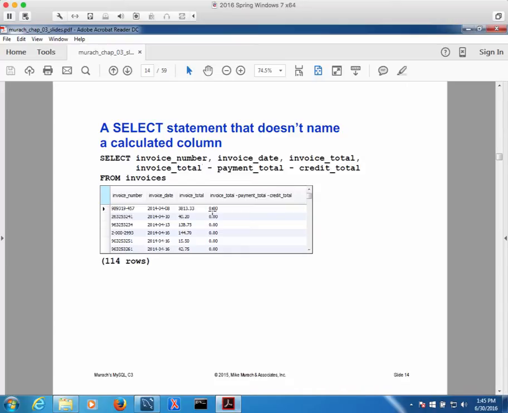So if you don't use an as on a calculation, you're going to see the formula in the column heading of the result set.